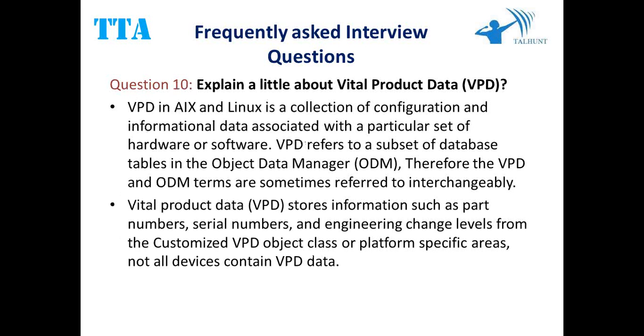It does not necessarily mean that all the devices inside your machine have VPD data. VPD is about vital product information. It is not about all the hardware. Not all hardware is vital. Like hard drives are some of the vital areas, and they don't take care of the console and monitor, the mouse, and so on and so forth.